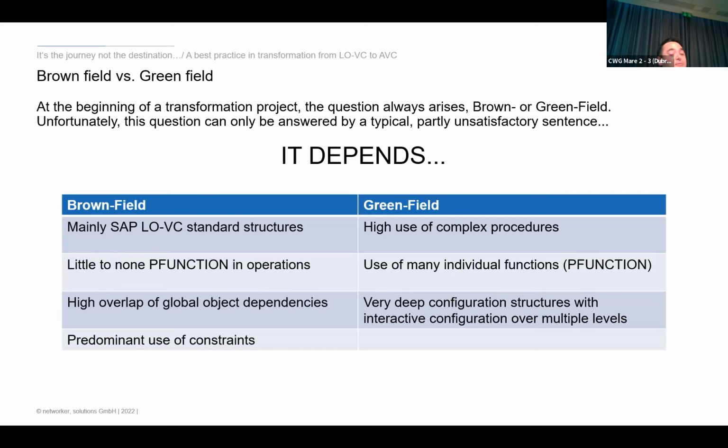Then a high overlap of global object dependencies. If you're using, for example, one procedure in more than one product model, then it's also a good idea to do the transformation, because you transform once, and if you have transformed one product model into the AVC world, it will work for your other product models as well.